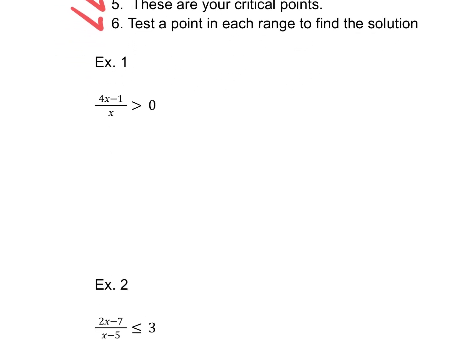The value when the numerator equals 0 would be 4x minus 1 equals 0, so x would equal 1/4. And when the denominator equals 0, x equals 0. So here is our numerator, and here is our denominator.